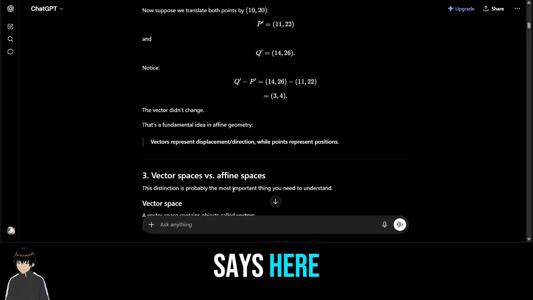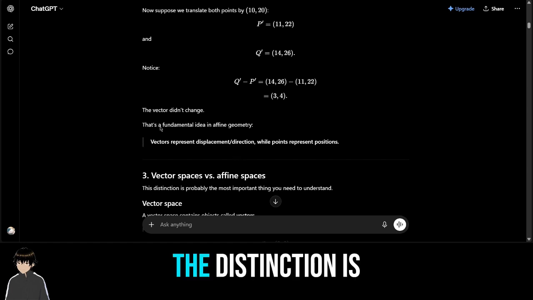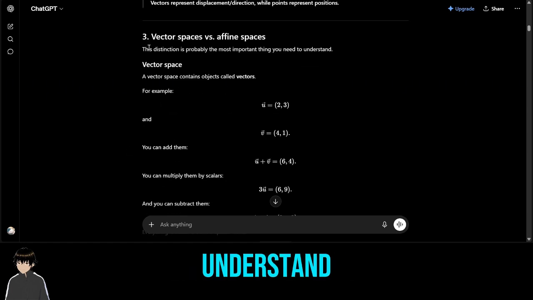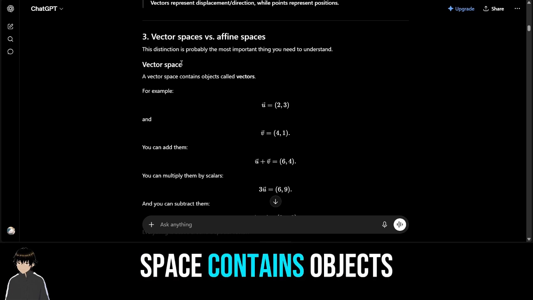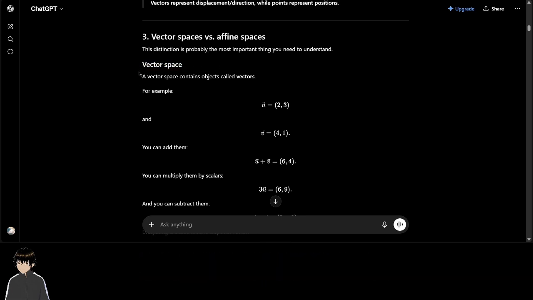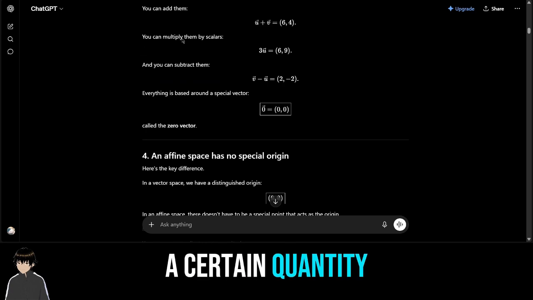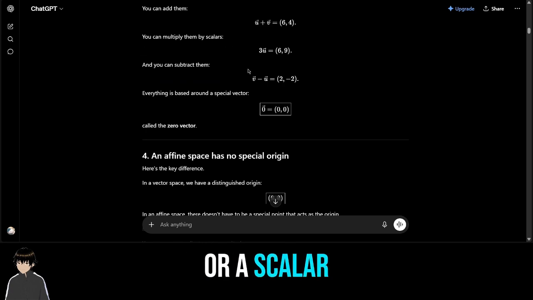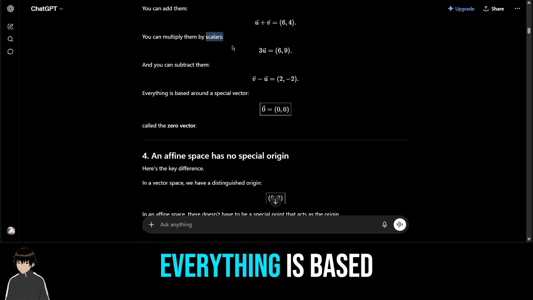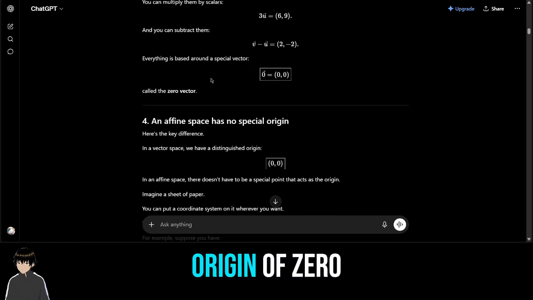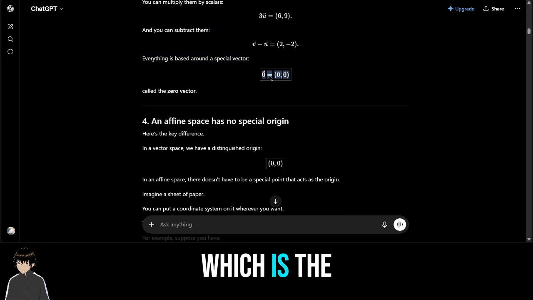Okay, so it says here, the distinction is probably the most important thing you need to understand. A vector space contains objects called vectors. You can add the vectors, then you can multiply them by a certain quantity or a scalar. Everything is based around a special vector, which is the origin, the 0 vector.